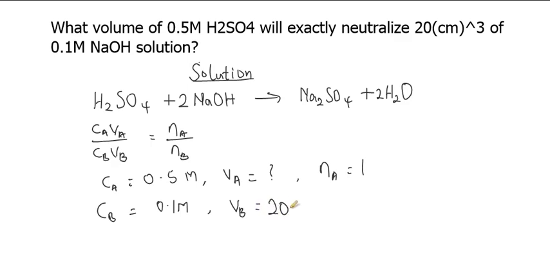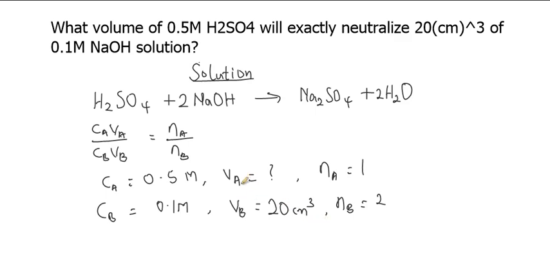And our Nb, the number of moles of the base used: from the equation, we have 2 as the coefficient of the base. So Nb is 2. Va is unknown, that is the volume of acid used.